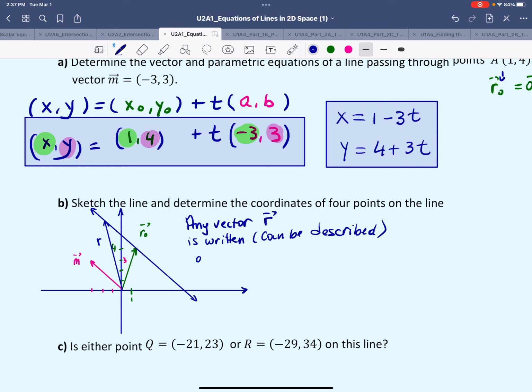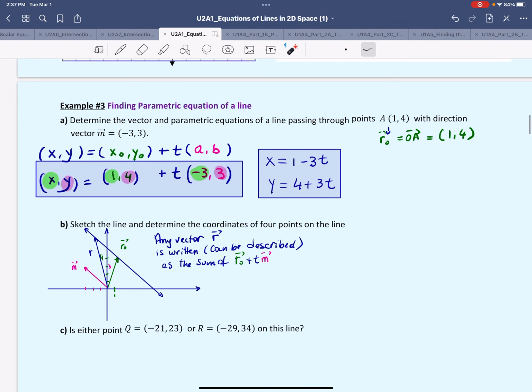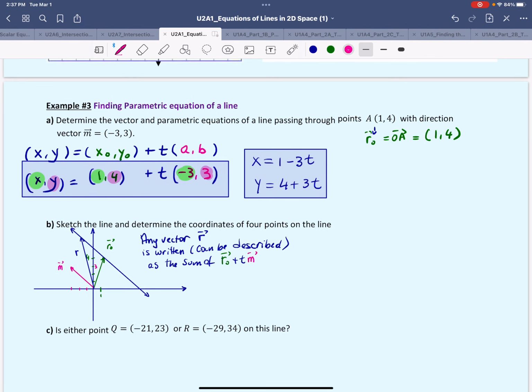It is described as the sum of vector r0 with a scalar multiple of vector m. Now, these two do not change. So what keeps changing when we change the vector r, or the location of vector r, is the value of t. So if you want to find additional points on the line, then you have to pick different values of t.